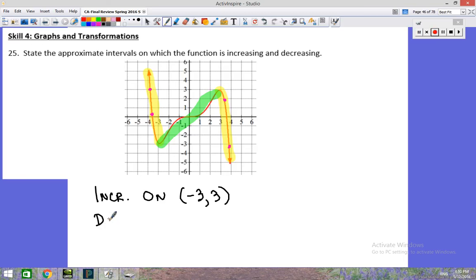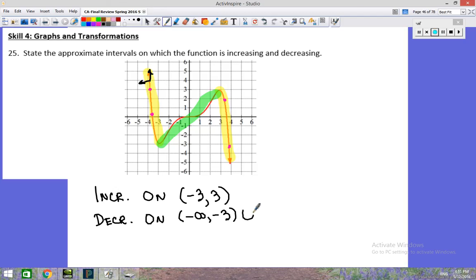Now this function is decreasing on the interval, well, this arrow is indicating infinity, and remember I'm describing the x, so this arrow is going to the left. From negative infinity all the way up to -3, if you're on this portion of the graph that I've highlighted in yellow, as x increases, the y values are decreasing.